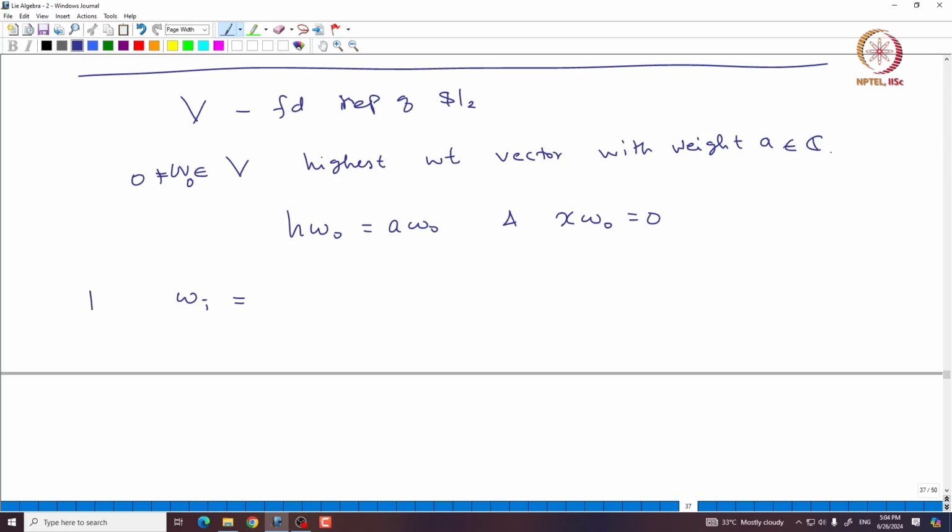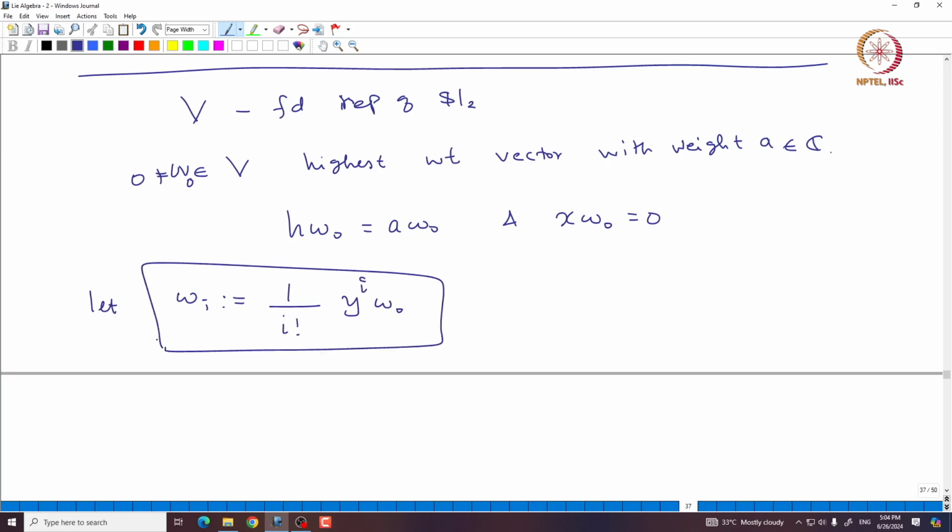Let w_i be the following vector: 1 divided by i factorial times Y^i w_0. Basically, we are interested in understanding the SL2 submodule generated by w_0.